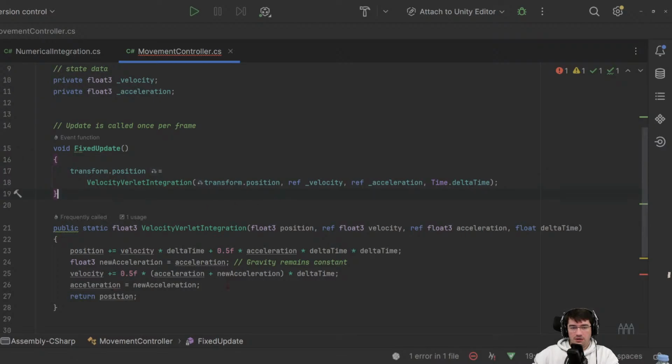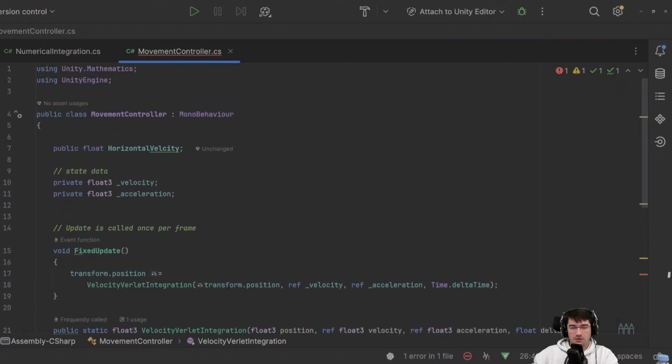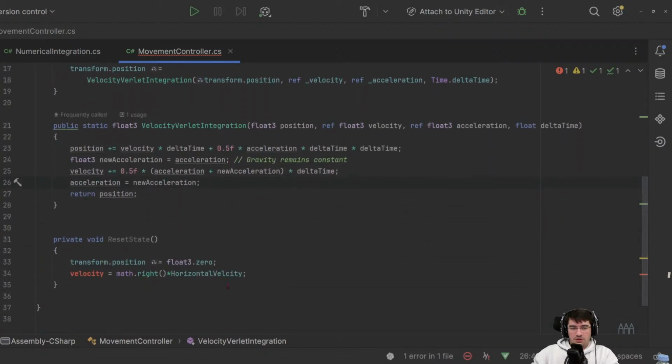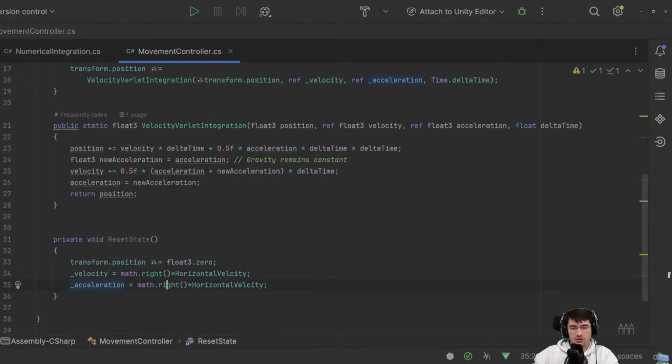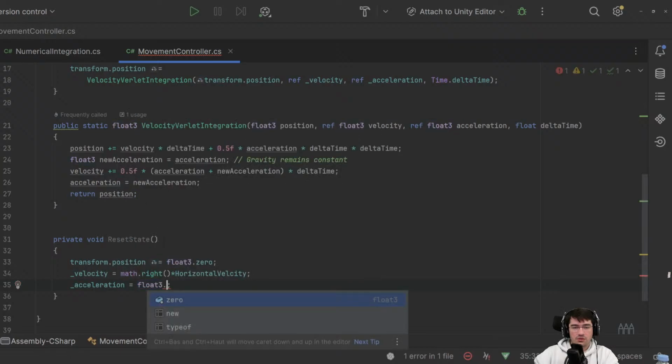Okay. So resetting the state is this one, and the acceleration needs to be reset also. Acceleration out 0.